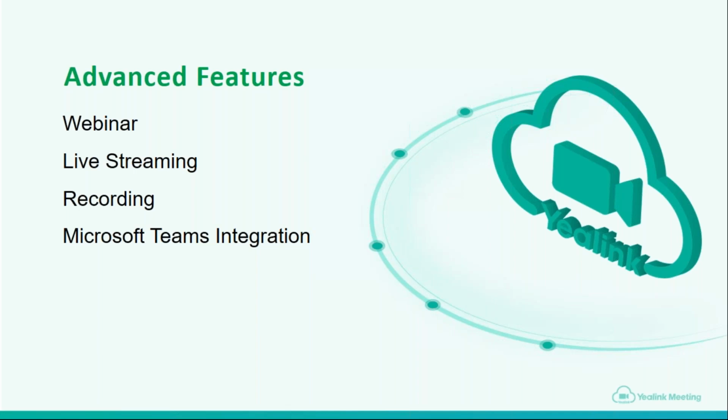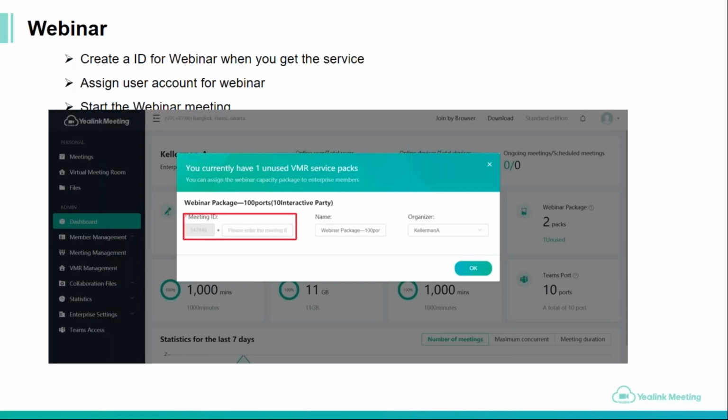Let's see some advanced features. First is webinar. When you purchase a webinar package, the first time you log in to our web interface, it will inform you to create the ID for the webinar when you get the service, and you can assign user accounts for this webinar.